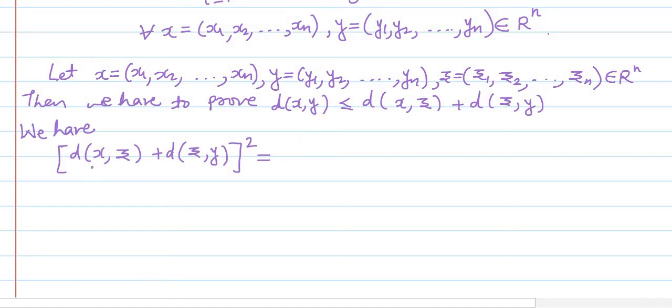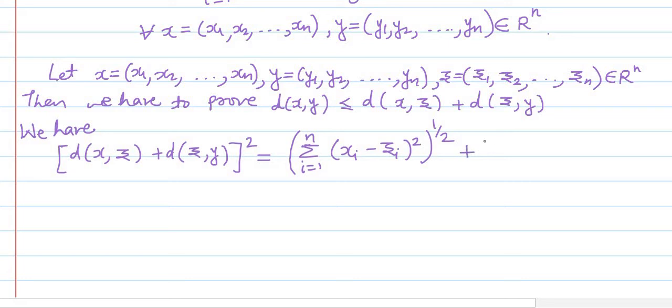By that definition, D of x comma z is nothing but the summation over i equal to 1 to n of (xi minus zi) whole square, and whole bracket raised to 1 by 2. Okay, this is D of x comma z by the definition.